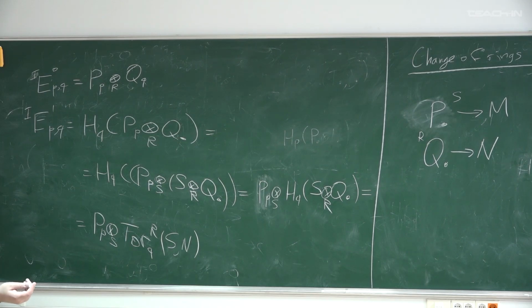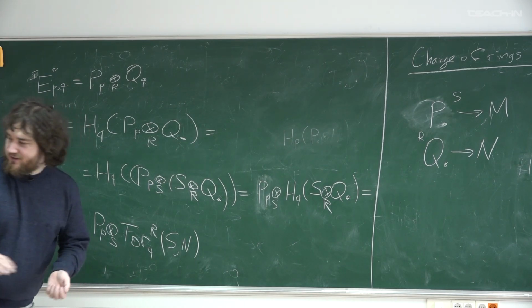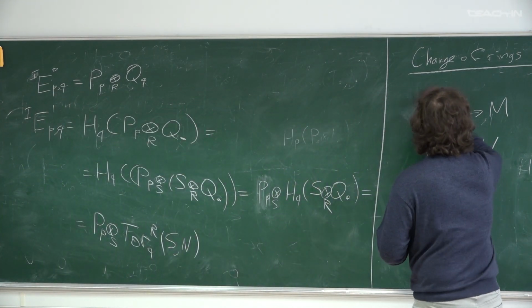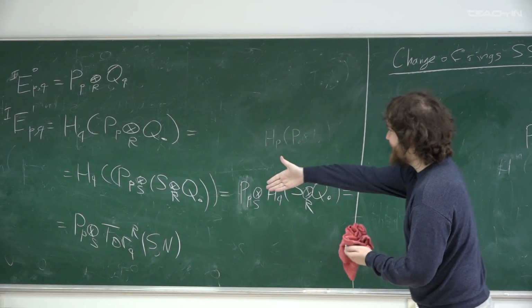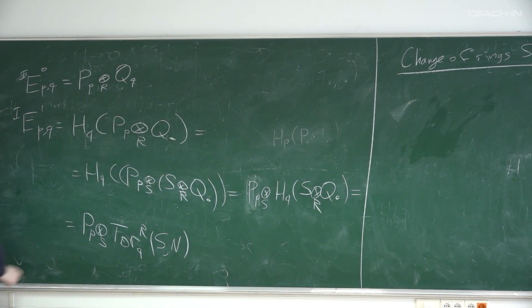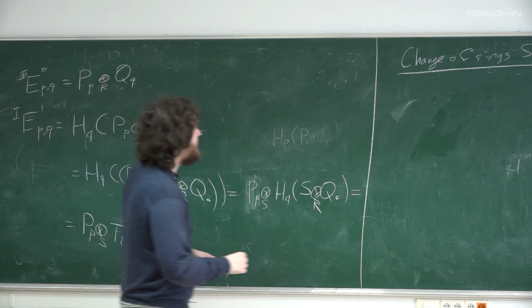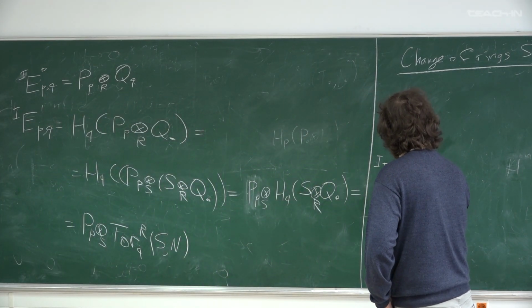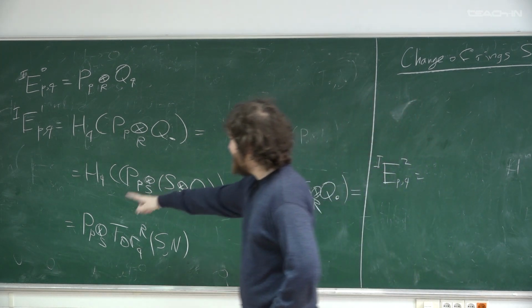And again, for the second page of this spectral sequence, you calculate homology with respect to the differential in P. So the second page of the first spectral sequence, what's the homology of this thing?